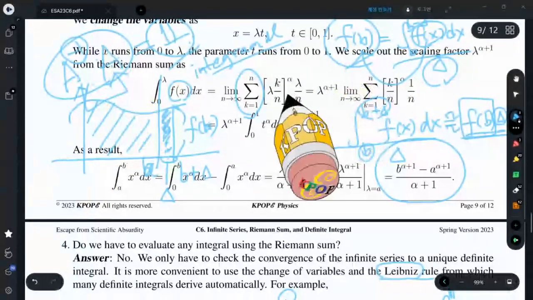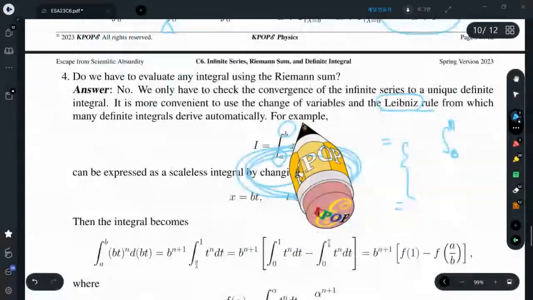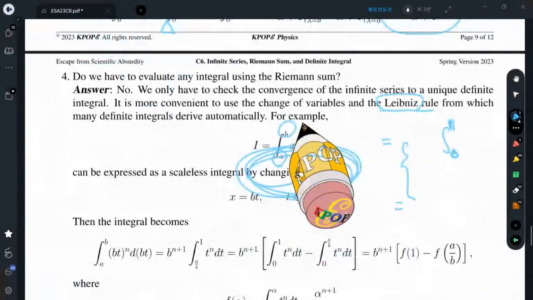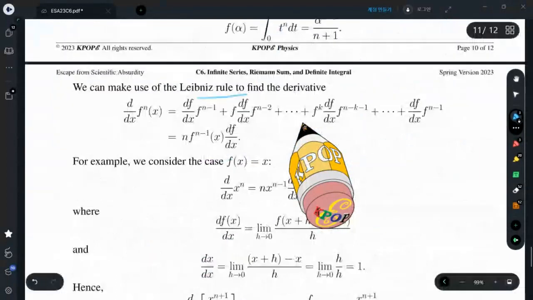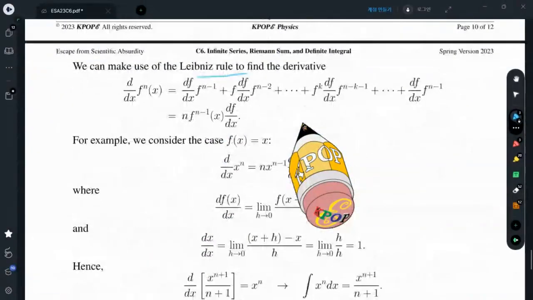Using that, because taking the derivative is much easier, you find various kinds of derivative tables and just make use of the derivative table to find an integral table. For example, if you do not know how to subtract numbers in elementary school, you just add.